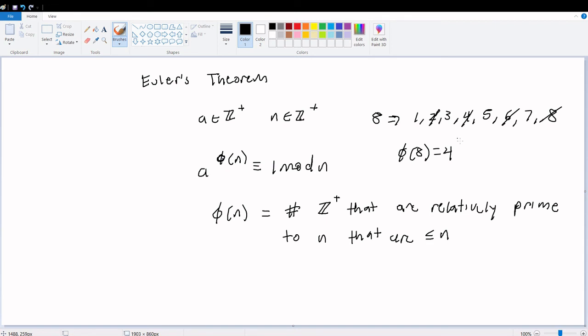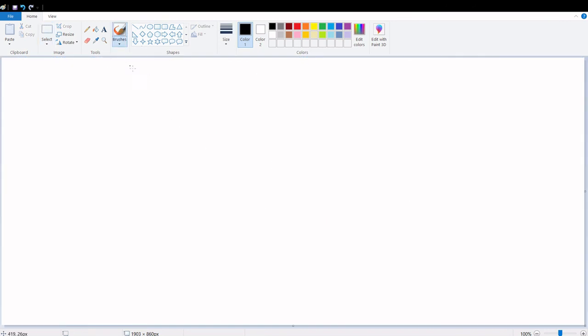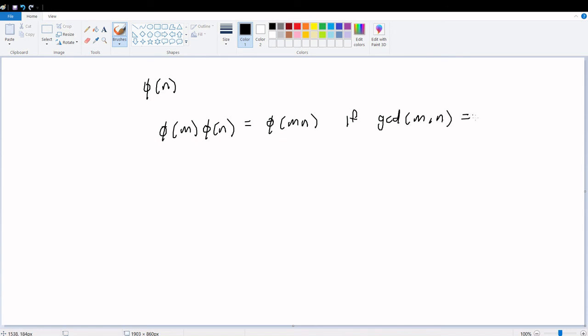Well, there are some properties that we should know about the Euler totient function. First of all, it's multiplicative, meaning that phi of m times phi of n is equal to phi of mn if the greatest common divisor of m and n is 1, that is, m and n are relatively prime.